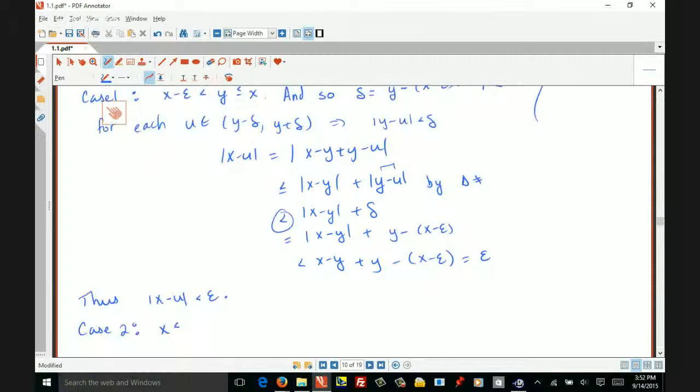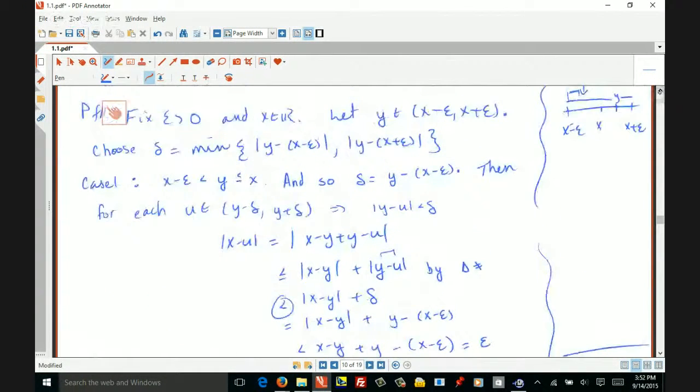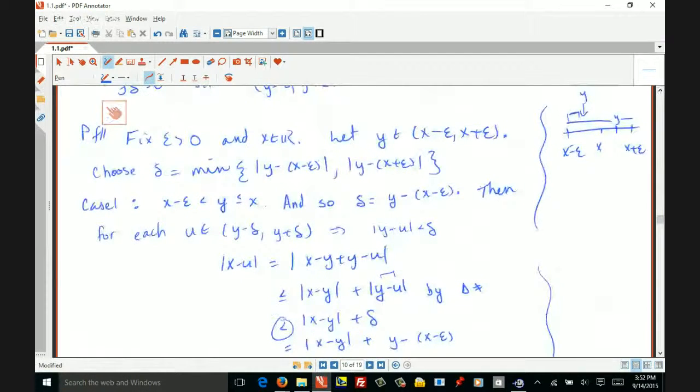We're going to have x is less than or equal to y is less than x plus epsilon. And so in this case, well, we'll just scroll up and look at it. That means y is over here to the right, so delta is going to be x plus epsilon minus y.